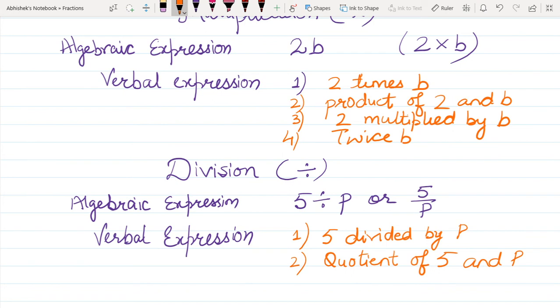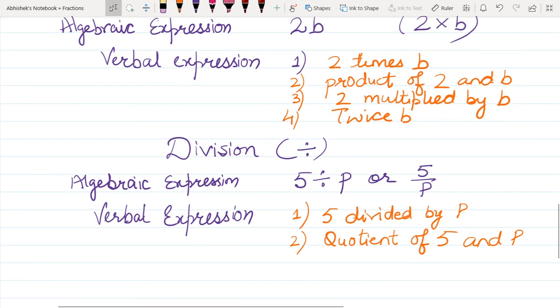So the verbal expressions of 5 divided by p are 5 divided by p and quotient of 5 and p.